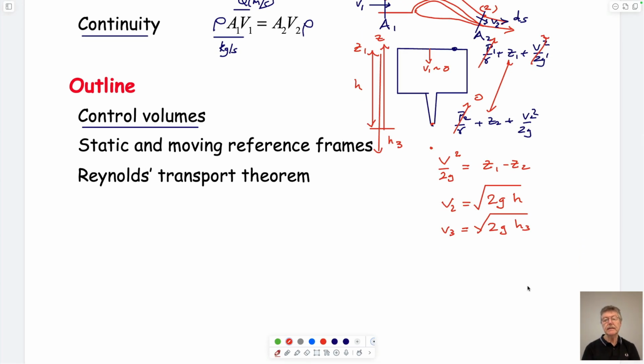If you think about this, it relates to what we're talking about today. Since Bernoulli is the sum of forces equal to mass times acceleration, say in the z direction, we know that the acceleration in the z direction is uppercase D v_z over D t.